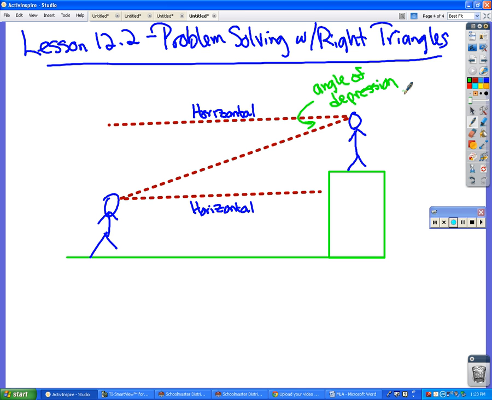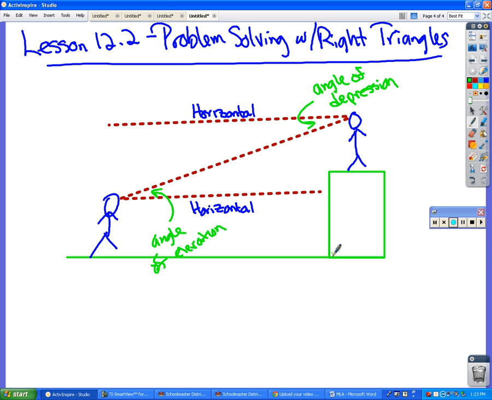Not because it tells you how sad you are, but because you start at horizontal and then you go down. That's why they say depression from the horizontal. This angle right here, because you are starting from the horizontal and then looking up, is called the angle of elevation.